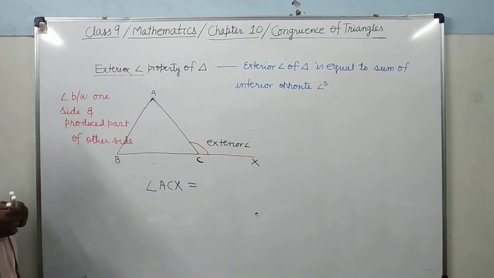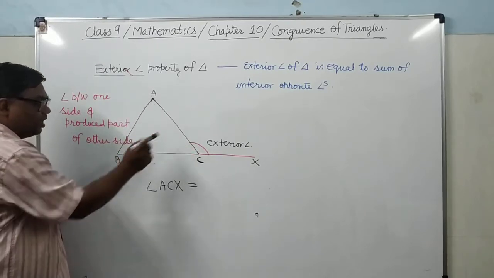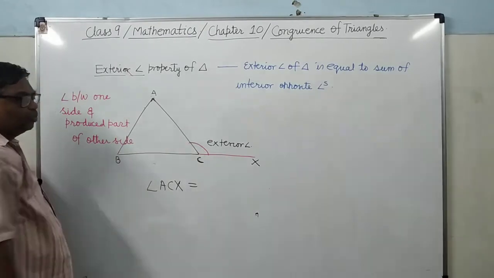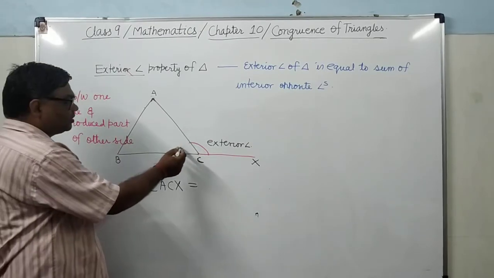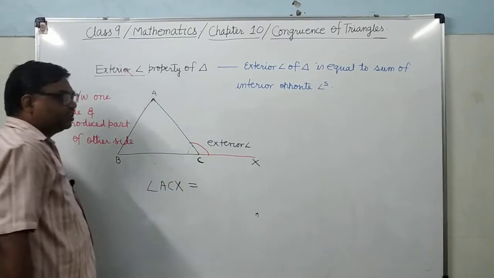Now see here, what are the interior angles of the triangle? Angle A, angle B, angle C. Angle C cannot be opposite to this because it is the adjacent angle. It is adjacent to the exterior angle.